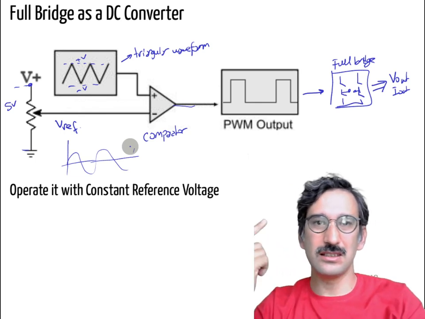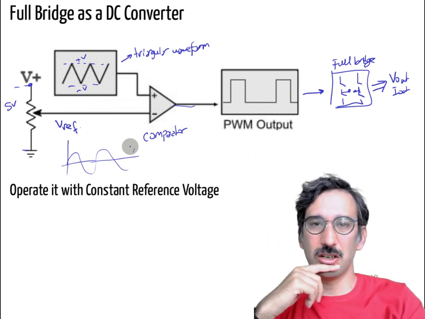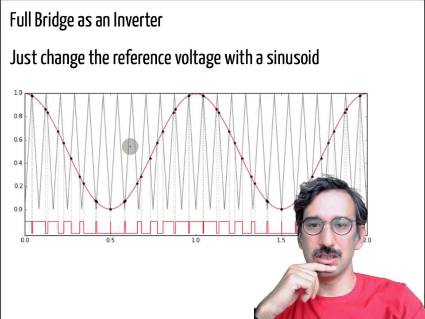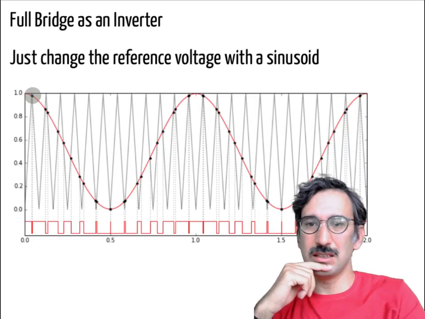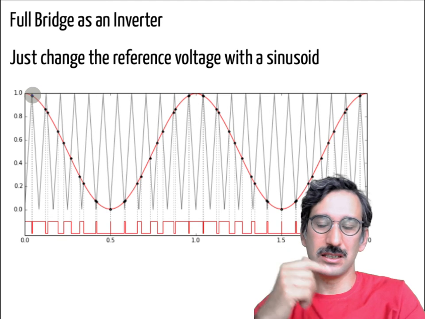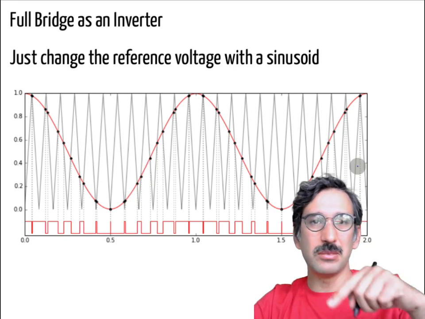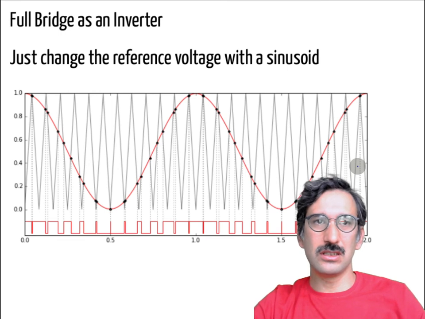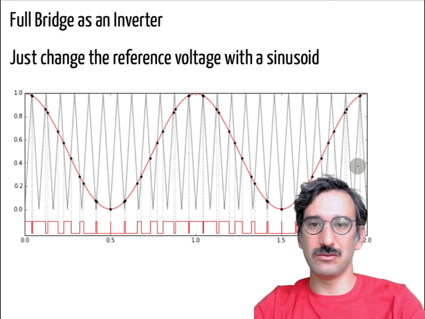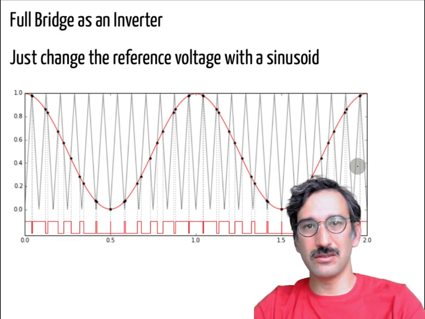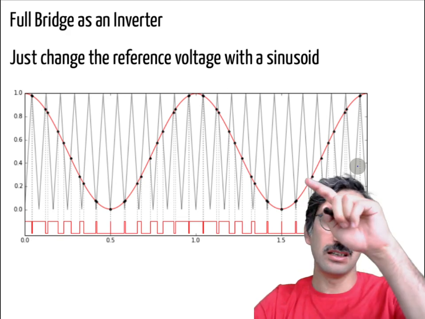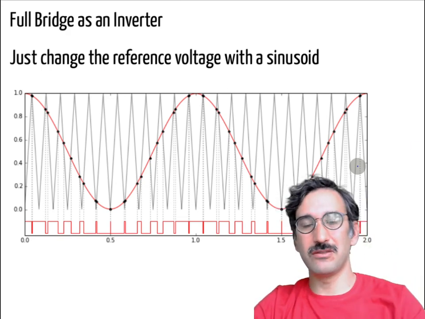So actually it's a DC-DC converter that can work with positive and negative voltages, but you tell it to generate some positive, let's say 12 volts here, 8 volts here, 6 volts. Then if you apply a negative reference voltage, it generates negative voltage. So you apply a triangular waveform, and it will just try to follow its reference voltage.